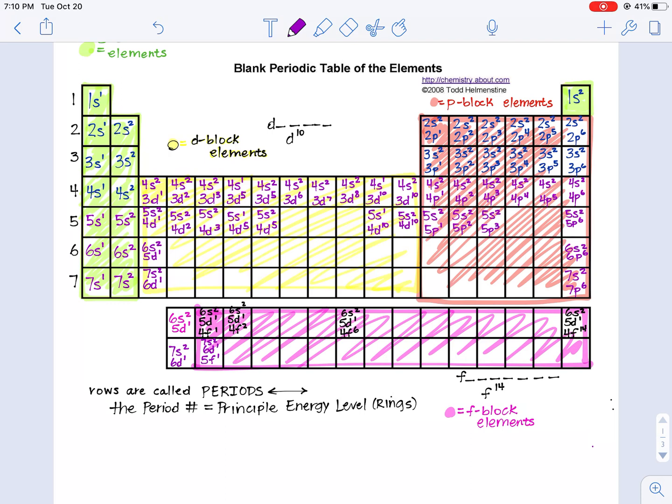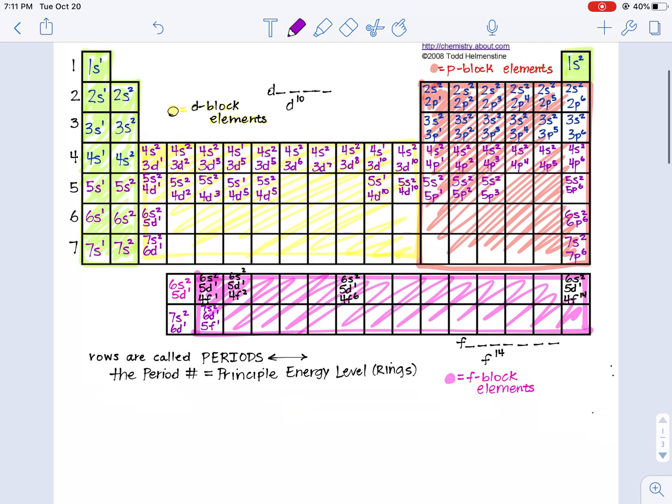How those electrons are arranged in the electron cloud is explaining why the periodic table of the elements is organized the way that it is.